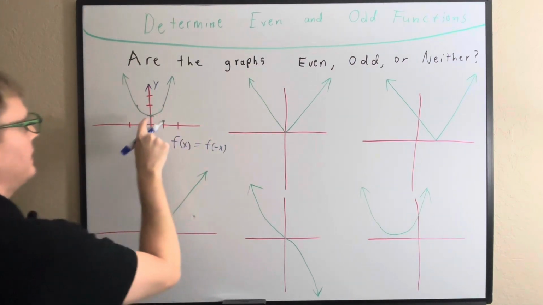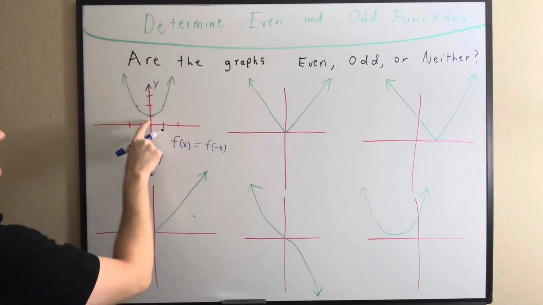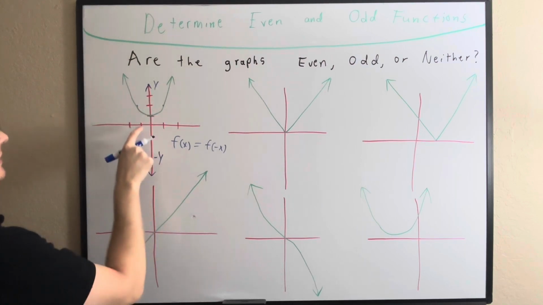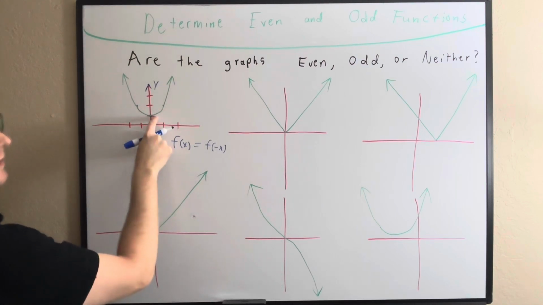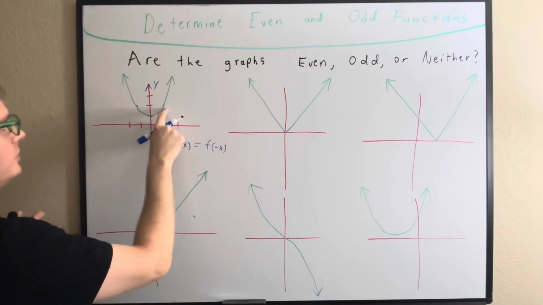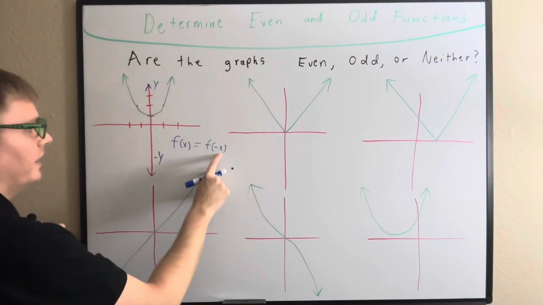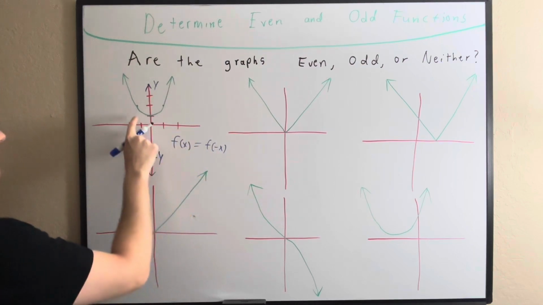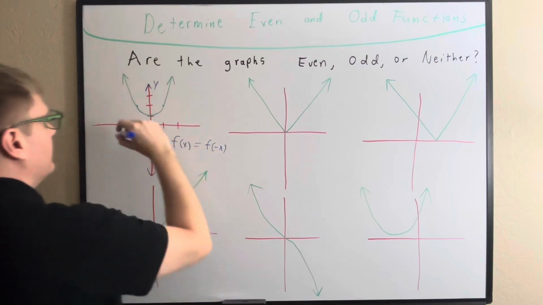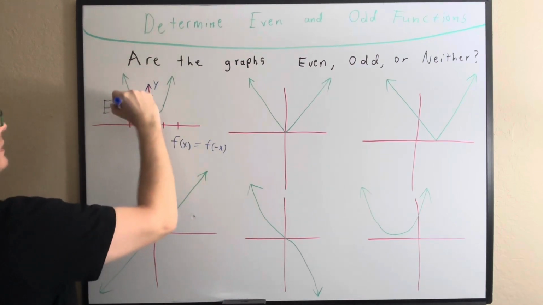In this case, it is, right? We input negative 1, we get out positive 2. We input 0, we get 1. Input positive 1, we get 2, right? Positive 1 and negative 1 have the exact same output, 2. So, therefore, this one is even.